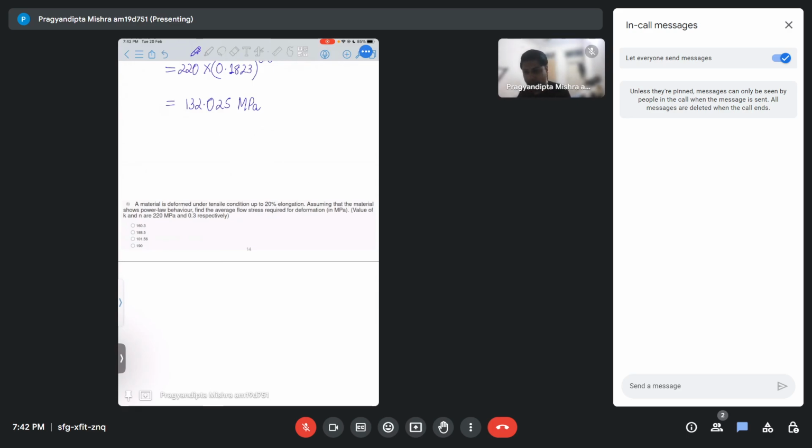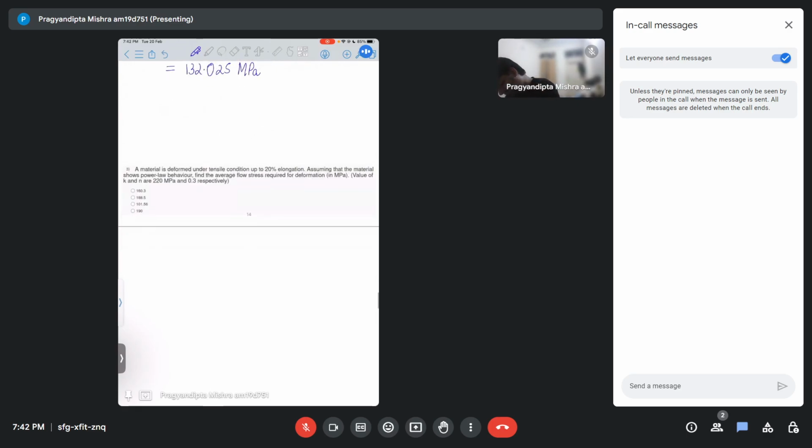So how do we find average flow stress? What is the thing that we are trying to find? We are trying to find stress value, but averaged over a region, right?